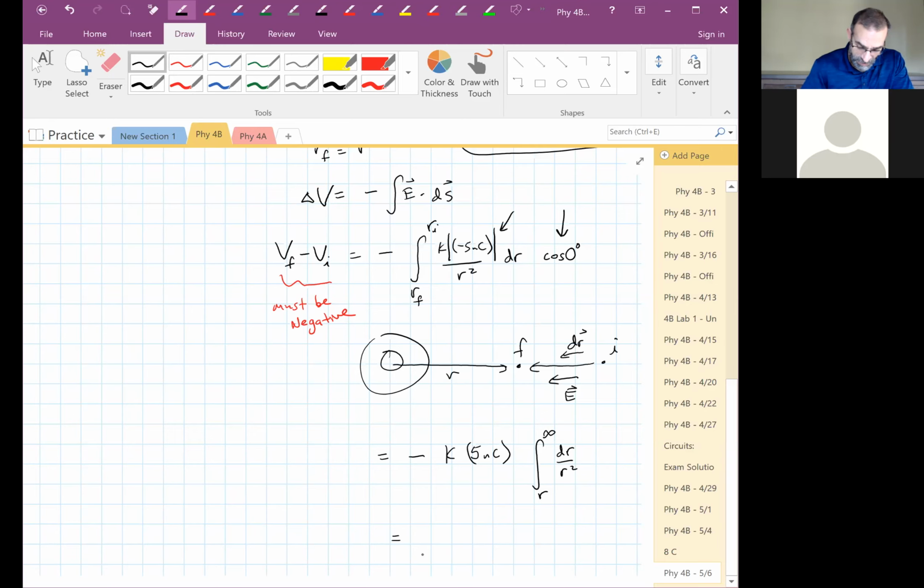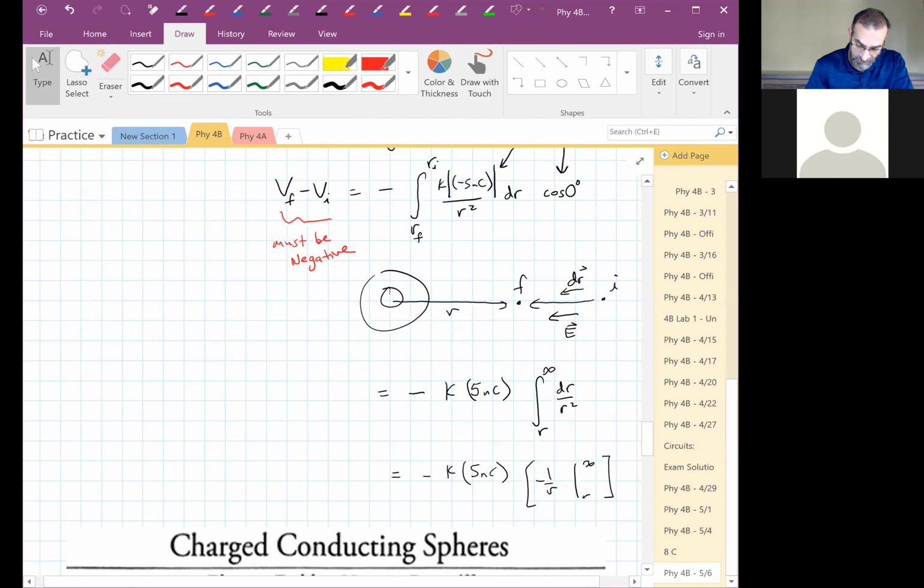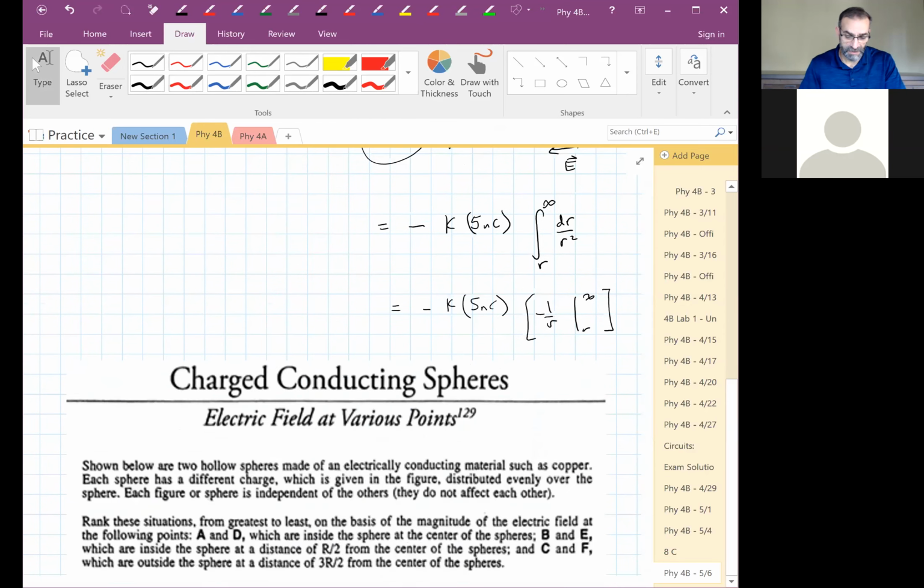Okay, so what do I have? I believe this is minus K times the 5 nanocoulomb. This is going to be a negative 1 over R from R to infinity. That gives us 0.